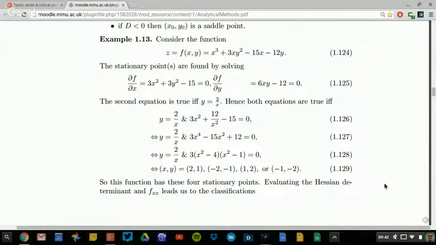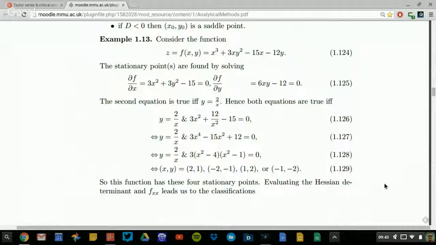You've got x squared squared multiplied by 3 at the front, x squared multiplied by minus 15, and then a constant. So you can use the kind of thinking you use to solve quadratic equations. Here, we don't go to the quadratic formula because we notice a nice factorization. You can take out the 3, and then it factors, and you can see values of 1 and 4 for x squared.